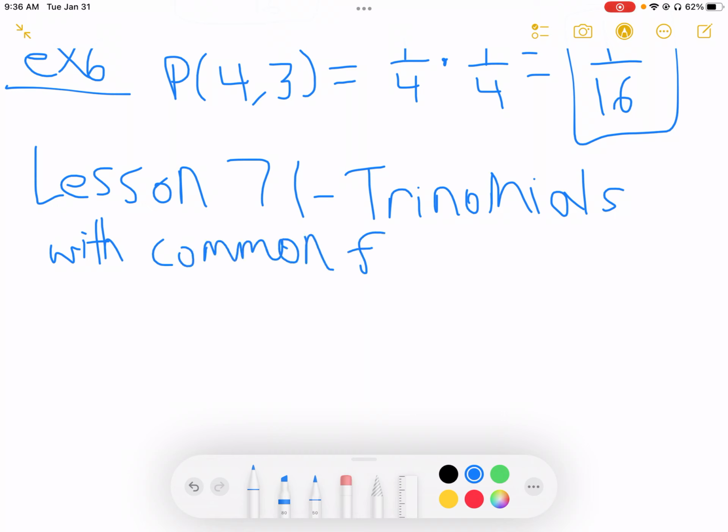The subscripts are not related to common factors, they're just another topic.